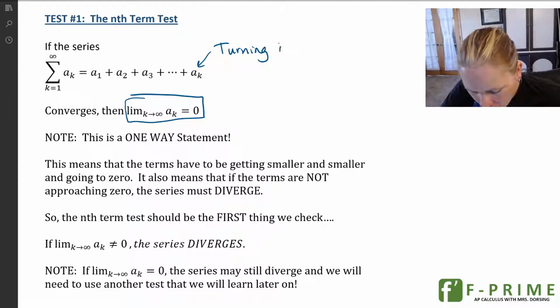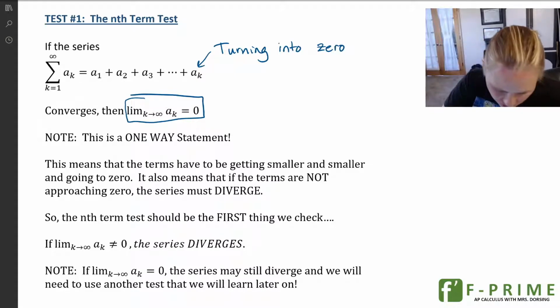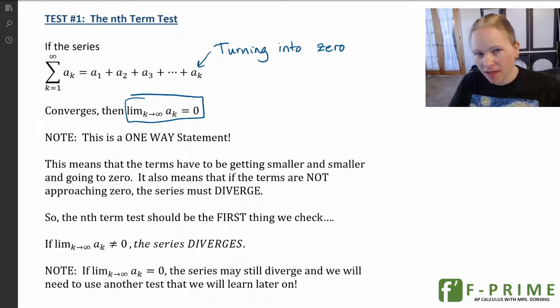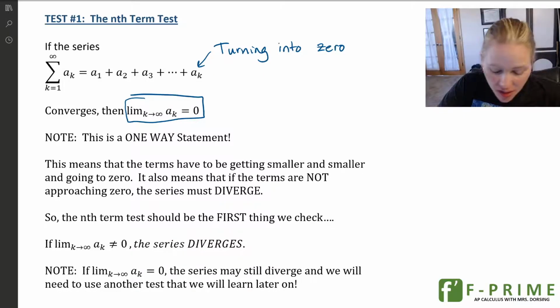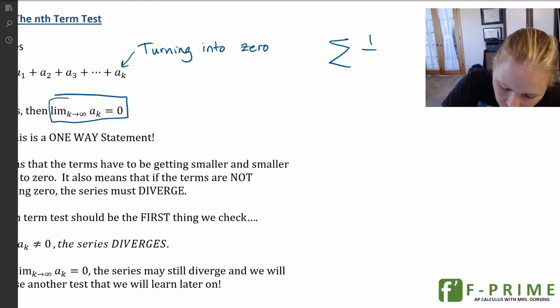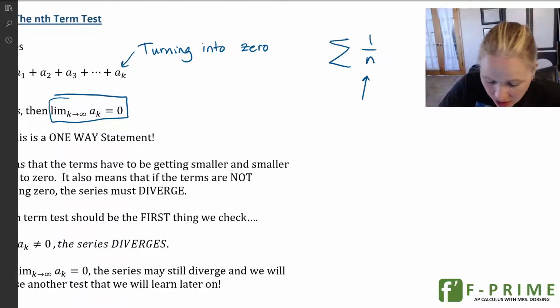It's a one-way street. And if the limit does approach 0, that's not good enough to say that it's going to converge, because we saw this series over here. These terms are turning into 0, but it was not adding up to something. This diverged.